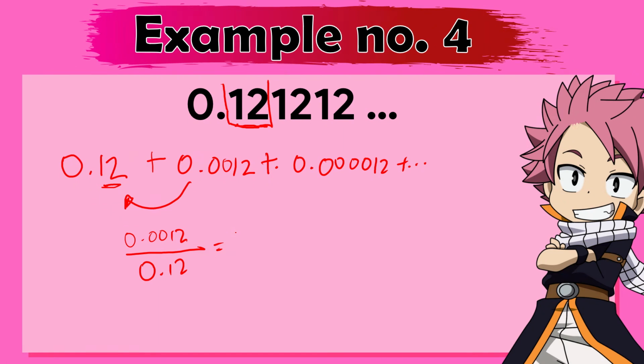So the answer po dyan will be 0.01. So again, 0.0012 divided by 0.12 is 0.01.